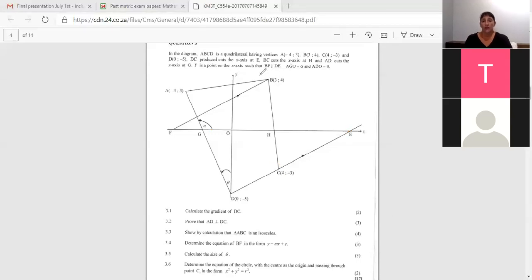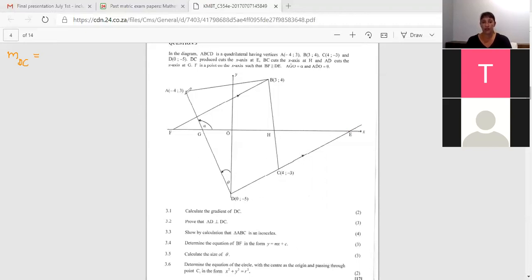All right. Okay, so let's get started. The gradient of DC, so that's a nice easy question, nothing strange about that. You always get some easy questions. So DC has 2 points on that line, so we can do the gradient formula.